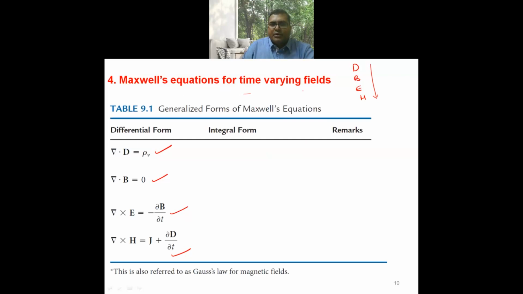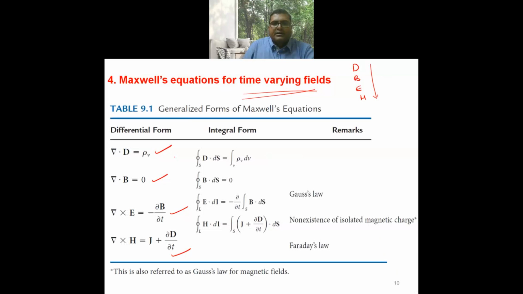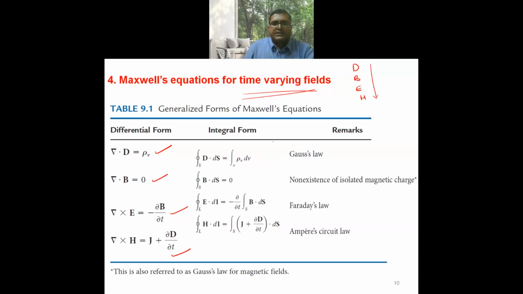These are the Maxwell's equations for time varying fields, or in simple words, these are Maxwell's equations in integral form and their associated laws derived from Gauss law, non-existence of isolated magnetic charge, Faraday's law and Ampere's circuit law. Due to inconsistency of Ampere's circuit law, to validate Ampere's circuit law for time varying fields, we followed continuity equation to derive this equation.